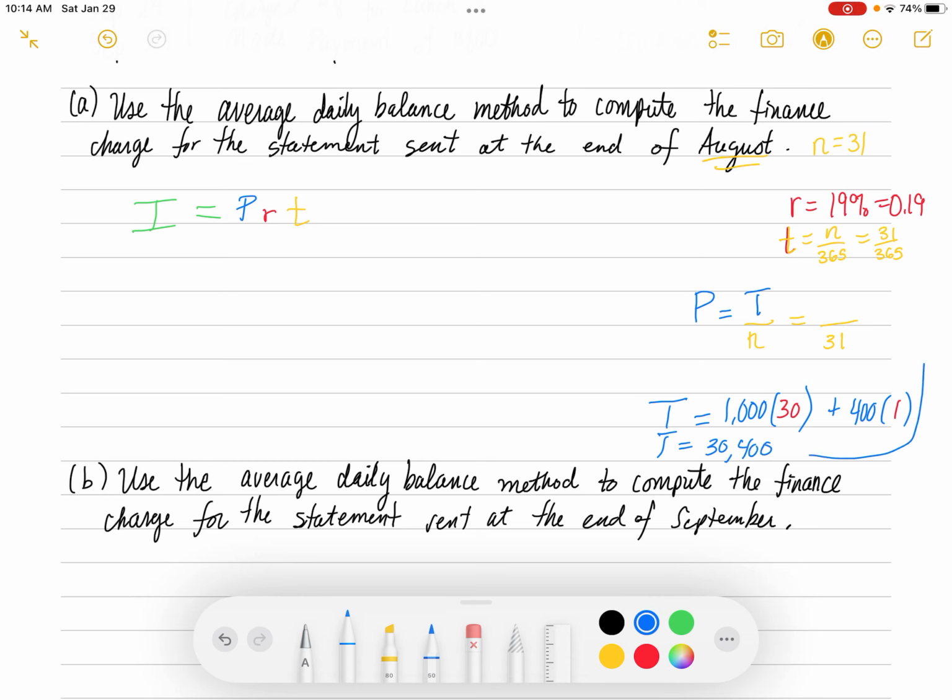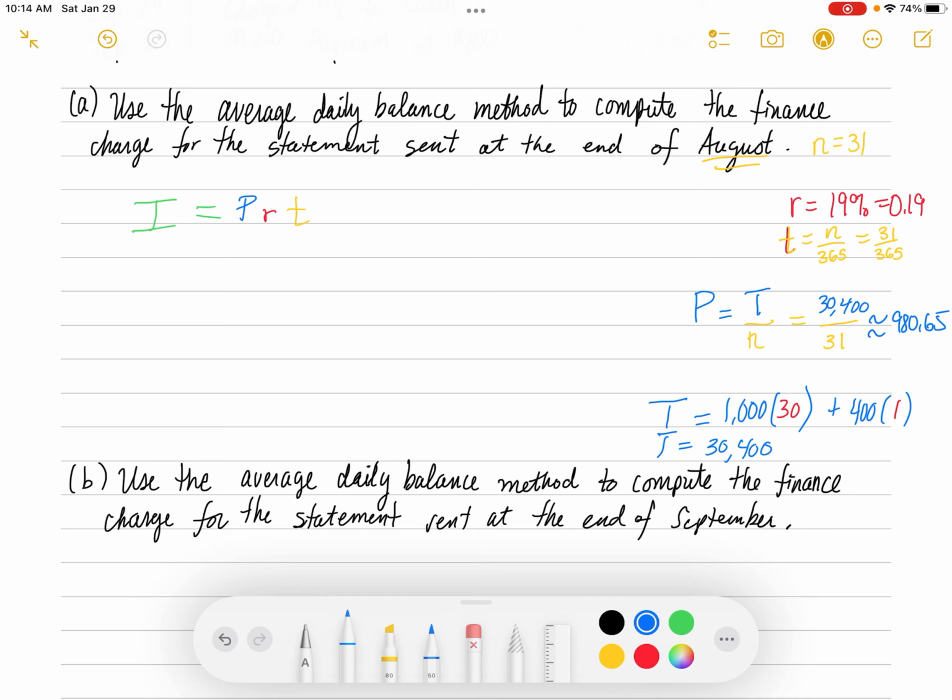Okay, so I'm going to plug that in up here. 30,400 goes into my formula for capital P. I'm taking 30,400 divided by 31, and I get roughly $980.65. That's approximately $980.65.